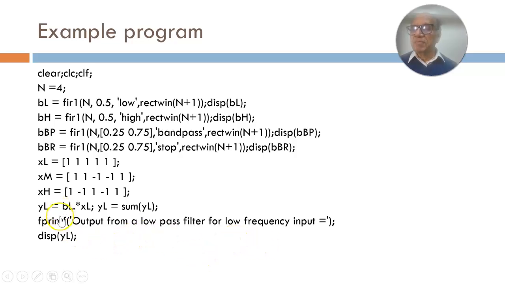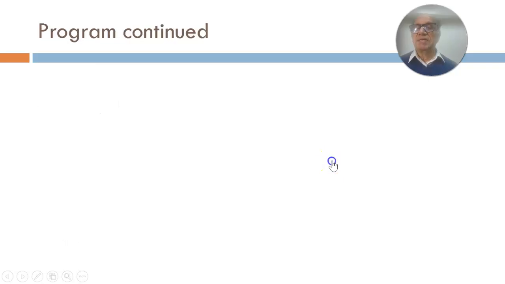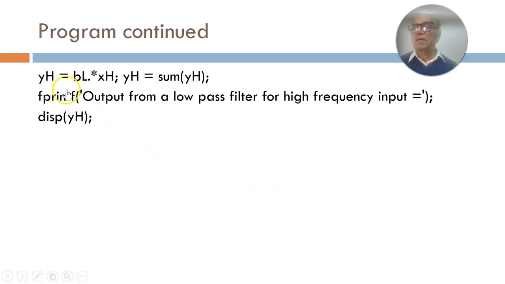Similarly, we do the calculation for the low pass filter with the high frequency signal and print that. So YH is the output from the low pass filter for high frequencies. BL multiplied by XH, you find the sum and then print the output.